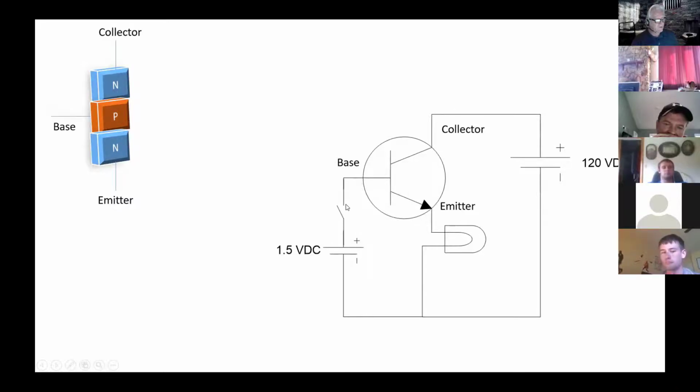And if I do, that allows current from this source. Notice this is a small voltage doing this, and this is the large voltage for my load, because this current is considerably 100, 200, 300, 500 times smaller than this current. A little bit of current here controls a big current in the collector emitter.